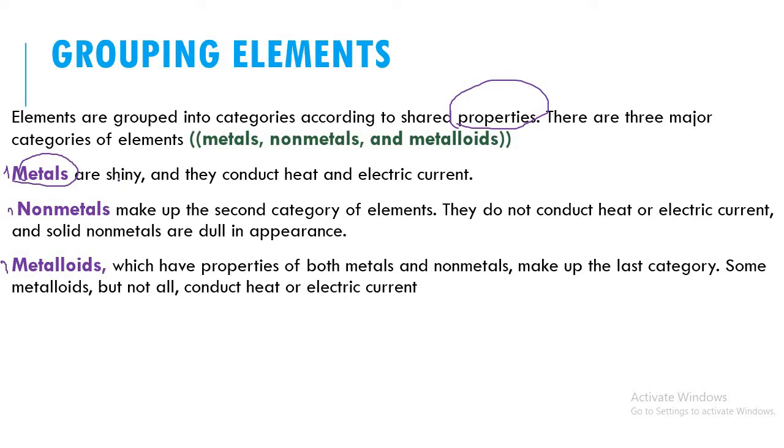The properties that classify metals are that they are shiny and they conduct heat and electric current. Non-metals make up the second category of elements.